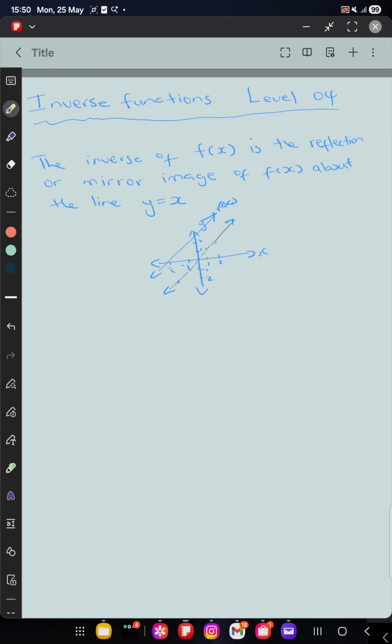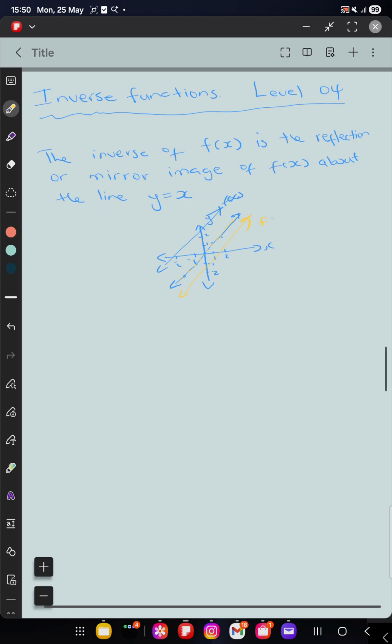So just by inspection, if this graph was to look at itself in this mirror, it would see itself somewhere this side. I'm not being accurate at all. So this will be f inverse of x. All right.